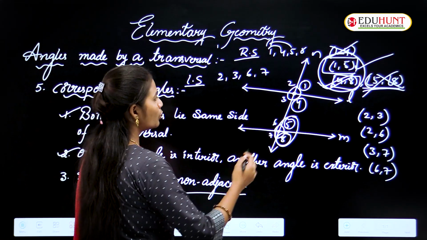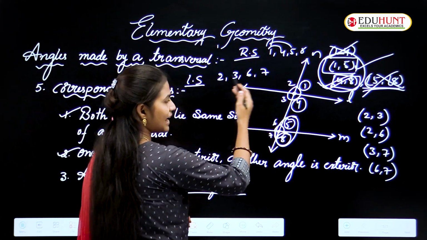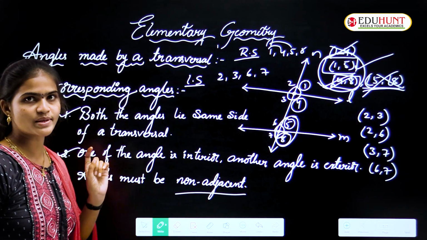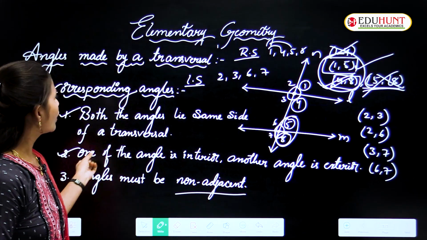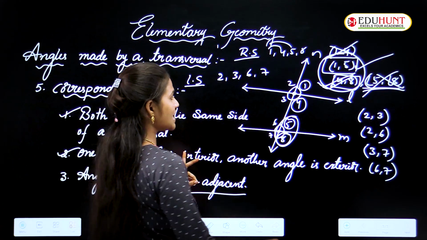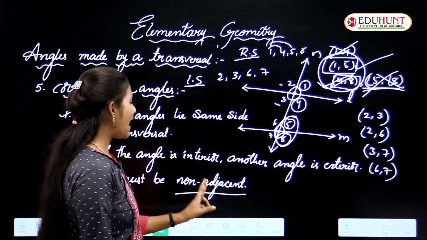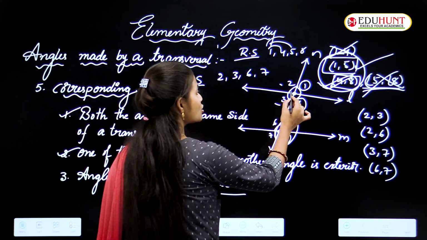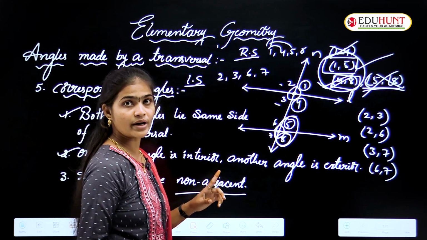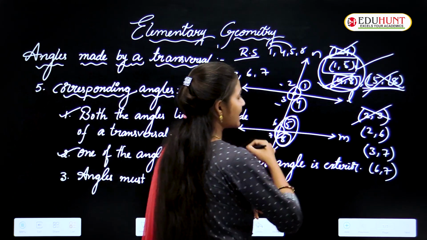So just observe 2 and 3. 2 and 3 lie on the same side of a transversal. The first one is satisfying, and one of the angles is interior and another one is exterior. Interior angle, exterior angle, satisfying, but angles must be non-adjacent. These two angles are formed at the same point. That's why this is not satisfying.